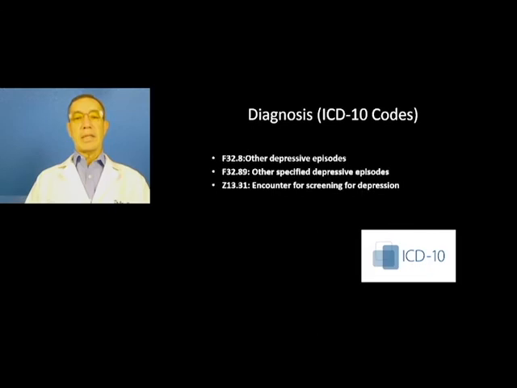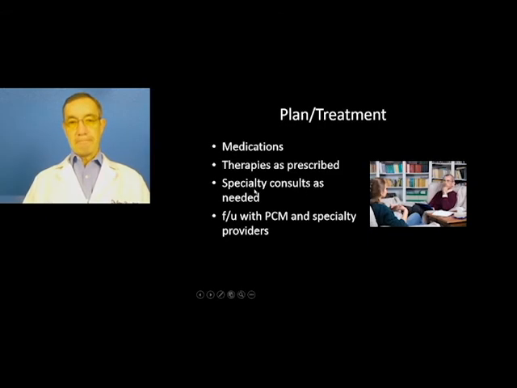On the ICD-10 codes, F32.8 is other depressive episodes. F32.89 is other specified depressive episodes, and this is a specified one, versus a Z code, which is usually a preventative code for screening for depression. That'd be a Z13.31.